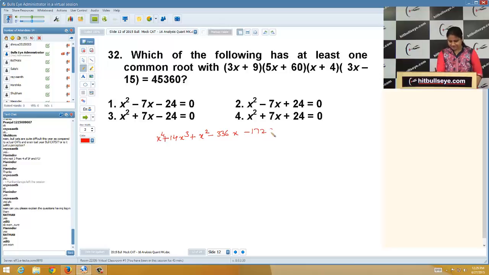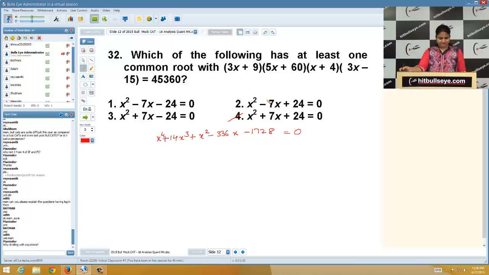Now again, this was manipulation, trying to make factors by taking options. And we could do one more thing. We can divide the whole expression raised to power 4 by every option and see, the fourth option is the answer. So I don't have any shortcut for this. Any problem in this? It's better if you read the explanation.